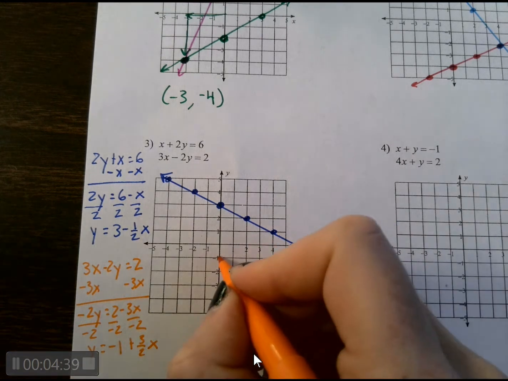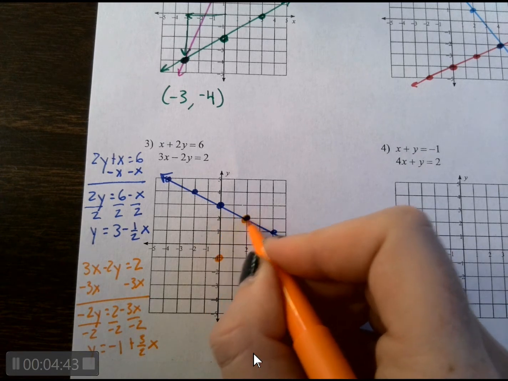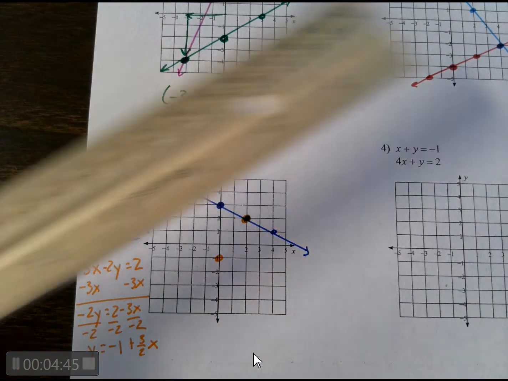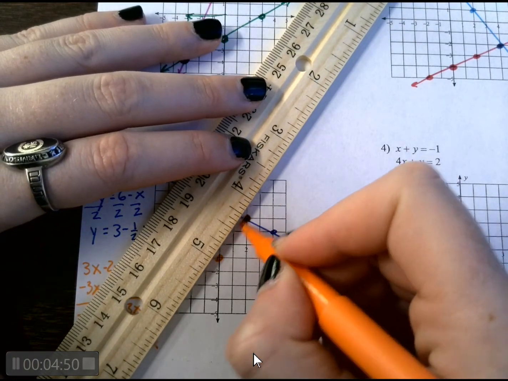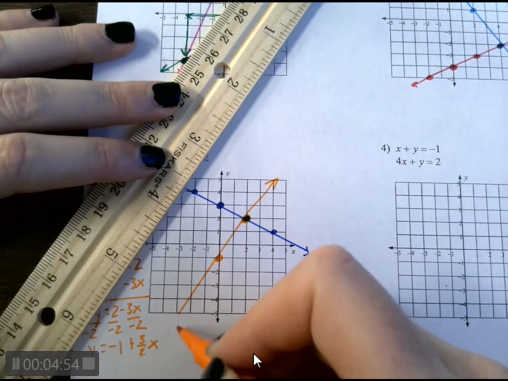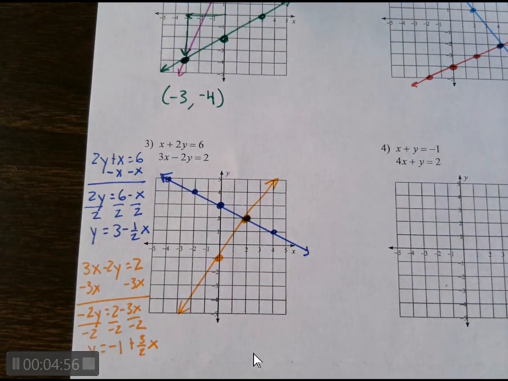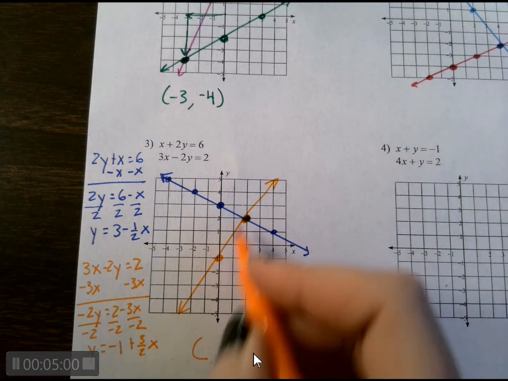So we start down at negative 1, and then we go up 3, 1, 2, 3, to the right 2. And as soon as we have our point of intersection, we can just go ahead and draw a line through our points. Whoops. And then our point of intersection is 2, 2.